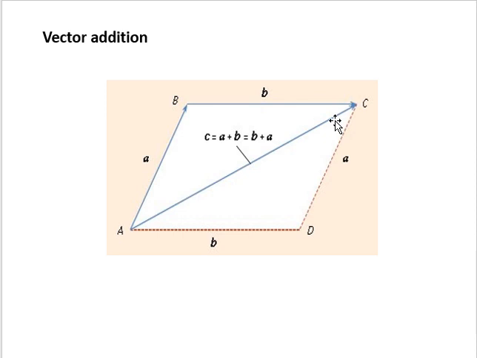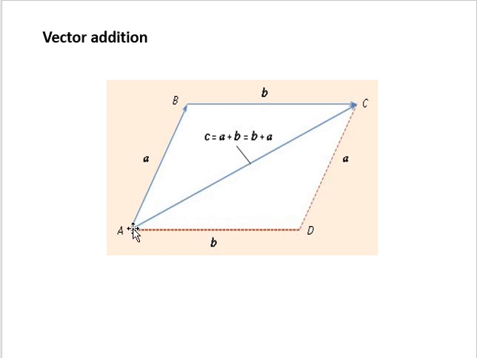Similarly, just like the previous slide I already discussed, we can consider the C direction, the middle direction, as the resultant of AD and AB. That is, this object A is pulled by two persons.